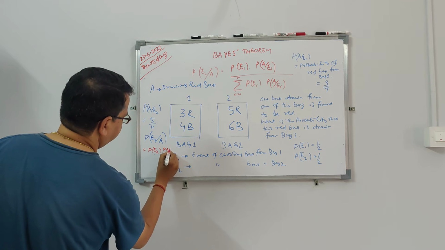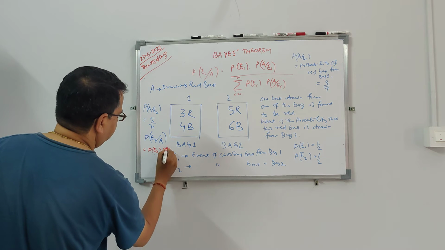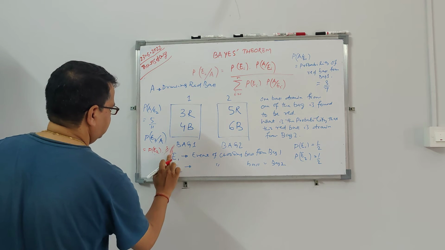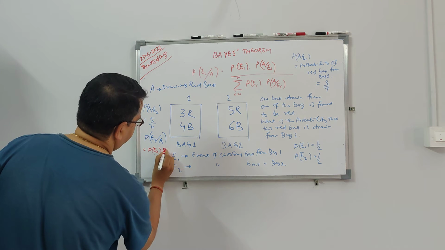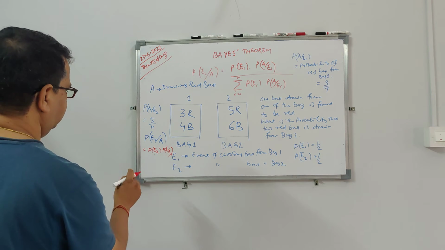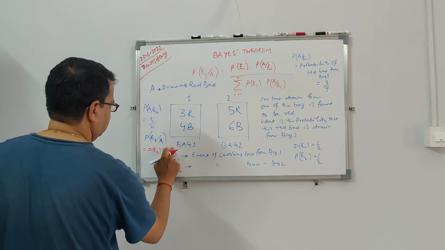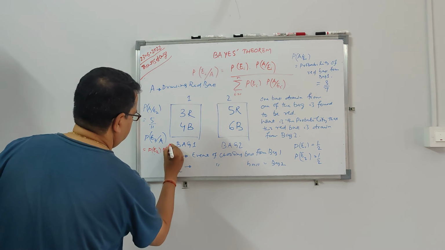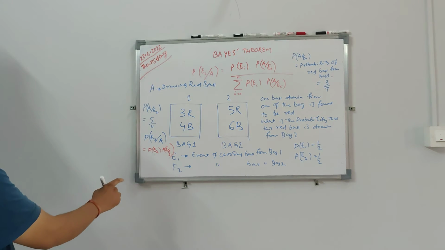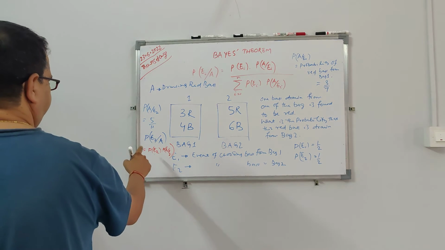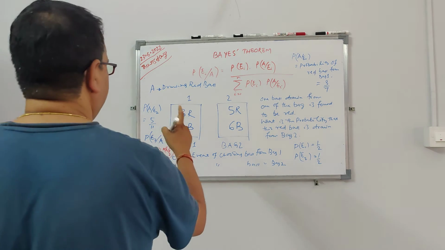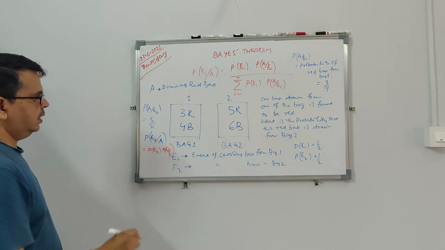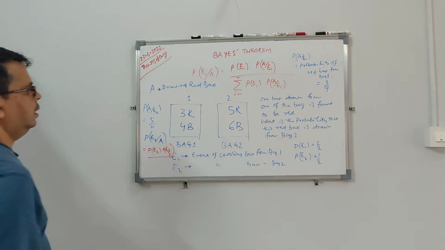So you can see it is getting reversed. Then the whole summation comes in the denominator, and the numerator is the same thing.